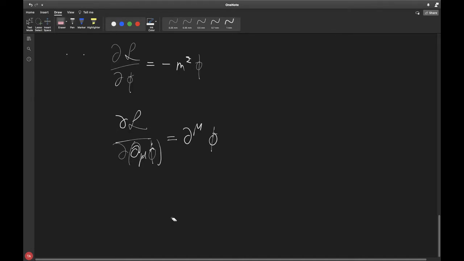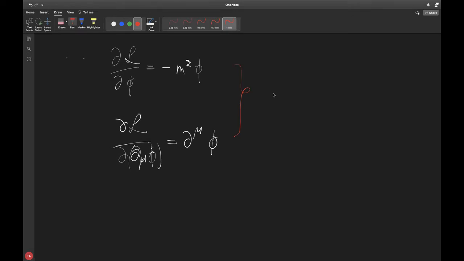And so when we plug this into the Euler-Lagrange equations again, we get the Klein-Gordon equation. Because we have the derivative of what is in the bottom, so the ∂_μ of ∂^μ phi equals minus m squared phi.